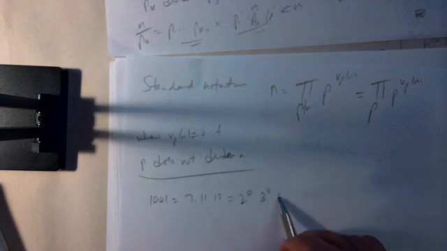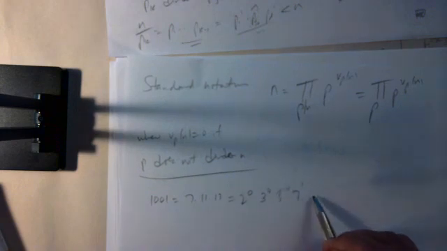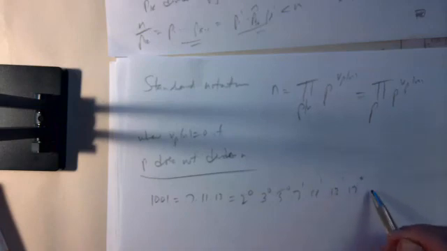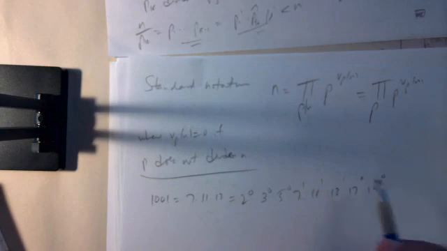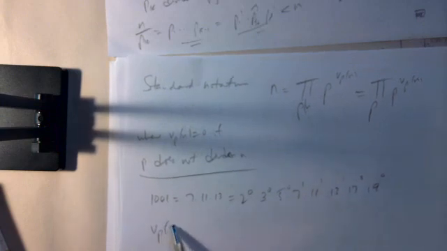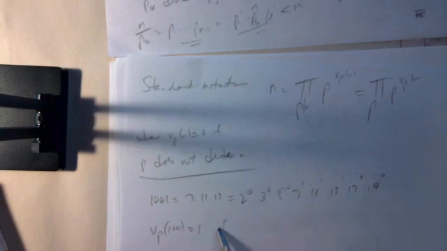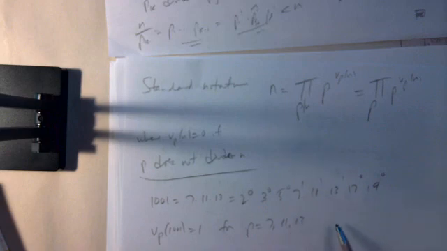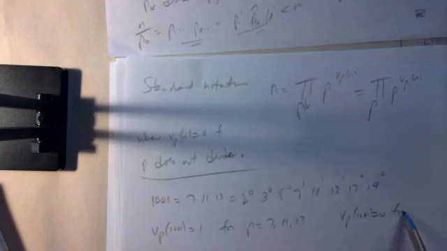You could write that as 2 to the 0, 3 to the 0, 5 to the 0, 7 to the first, 11 to the first, 13 to the first, 17 to the 0, 19 to the 0, and so forth. So VP of 1001 is equal to 1 for P equal to 7, 11, or 13, and VP of 1001 is 0 for all other primes.